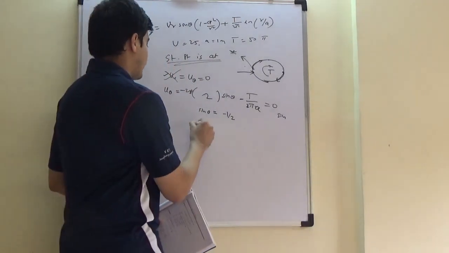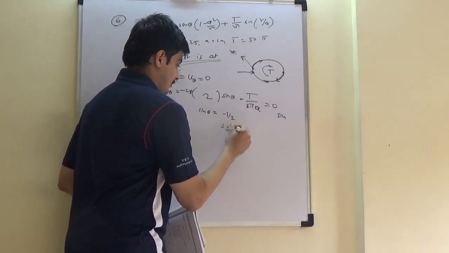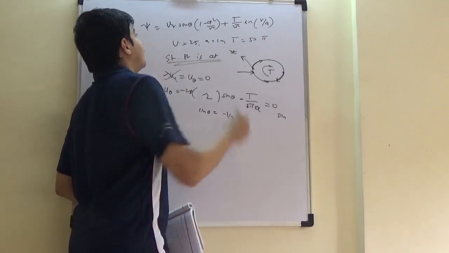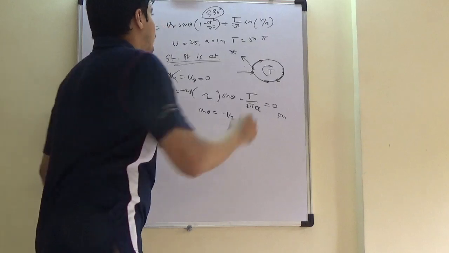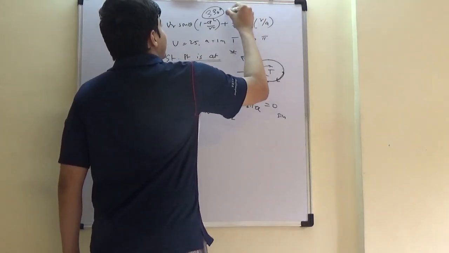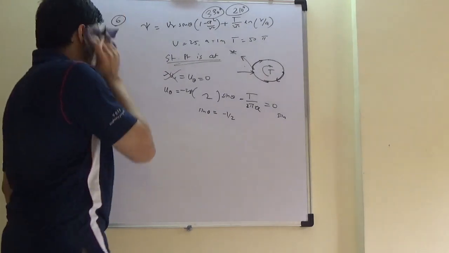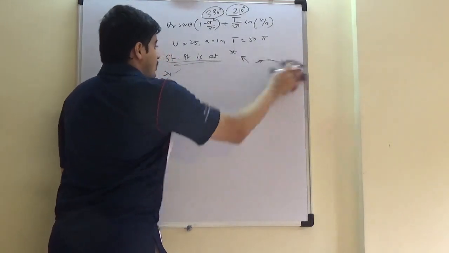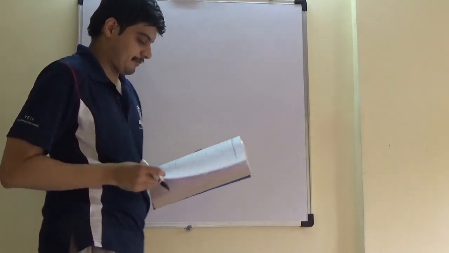So 330 degrees is one option. What would be the second option? 210 degrees. Right? So this is a very advanced and important question from stagnation point, which uses basic reasoning.